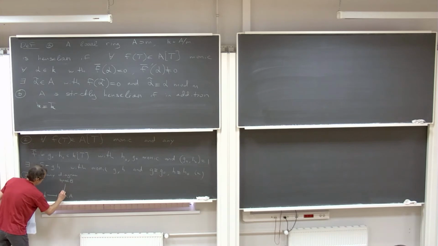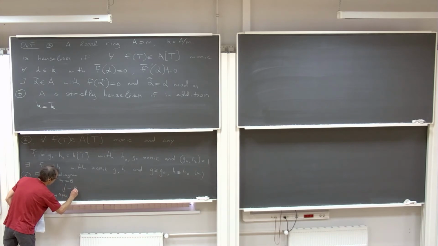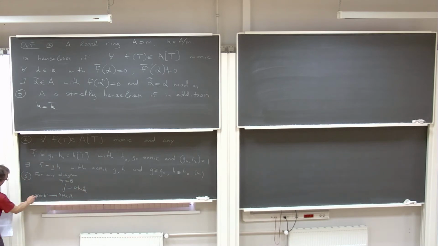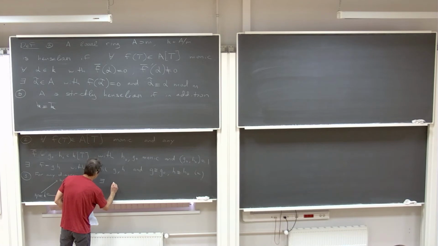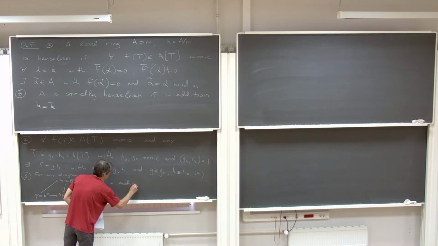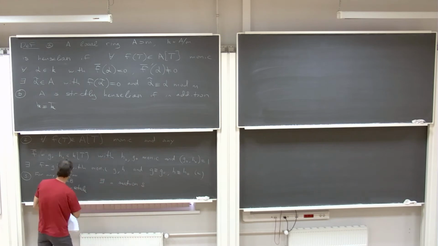And I assume that this map is étale. And this embedding admits a lift. There exists a section.